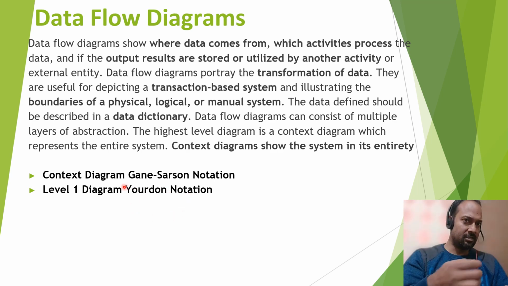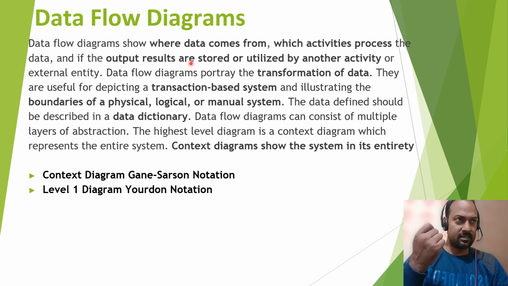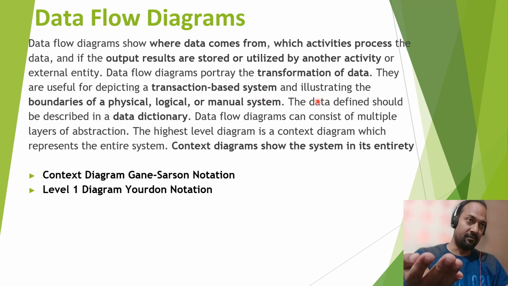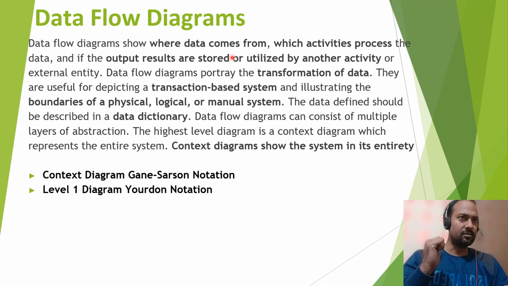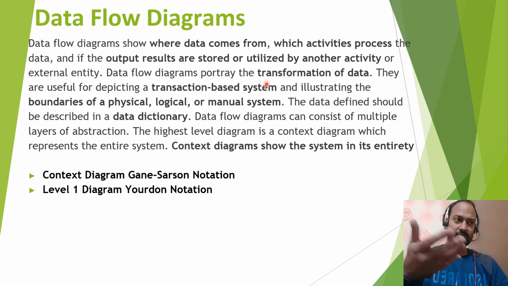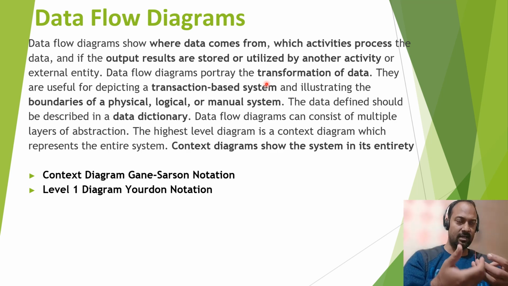Before going to these two terminologies, let's read it through and understand it in a technical way. What is a data flow diagram? A data flow diagram shows where data comes from, which activities process the data, and if the output results are stored or utilized by another activity or external entity. Data flow diagrams portray the transformation of data. The data comes in and is processed in any department, in any process.